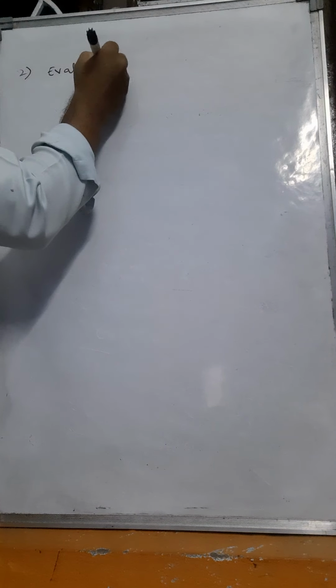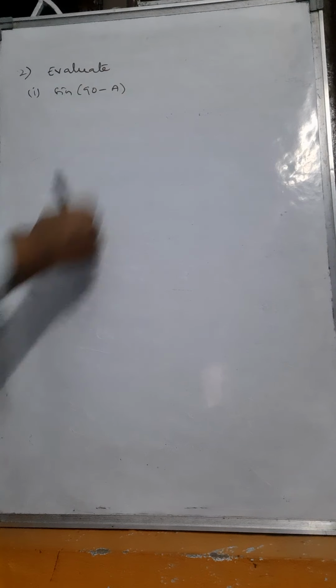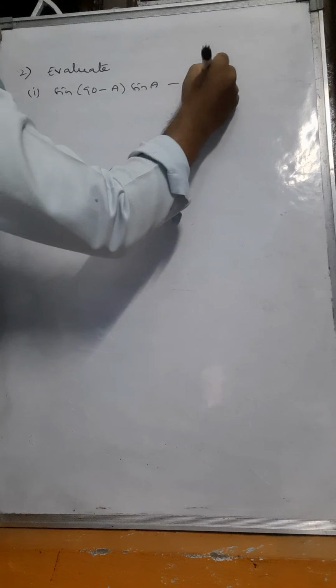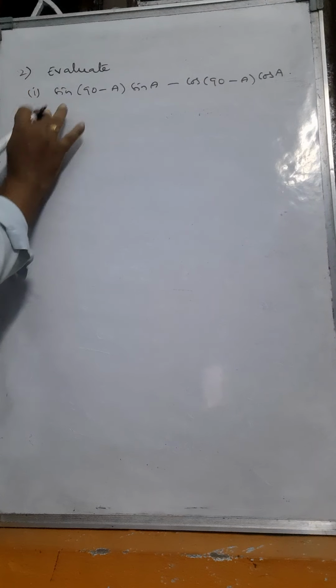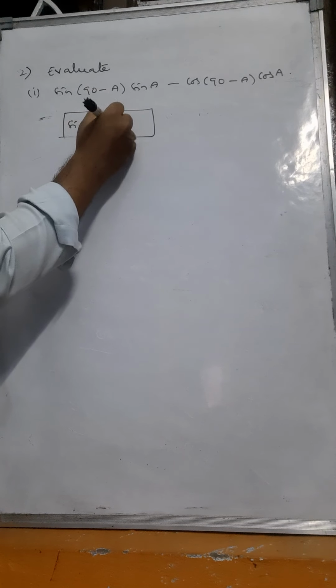Next, second bit. Evaluate the first one: sin(90 minus a) sin a minus cos(90 minus a) cos a. Sin(90 minus theta) means cos theta.